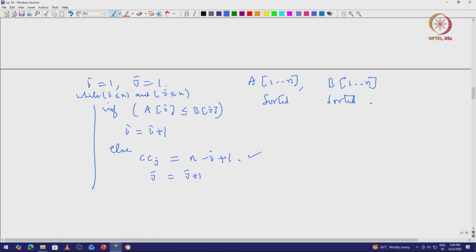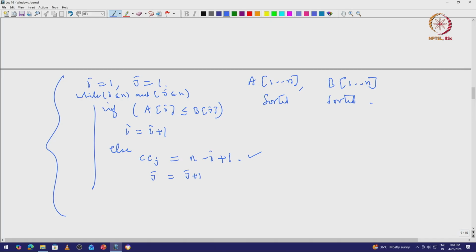Now, the whole cross count can be computed in this fashion, and with some initializing we can do the cleanup very easily.